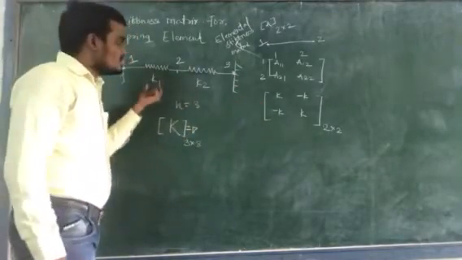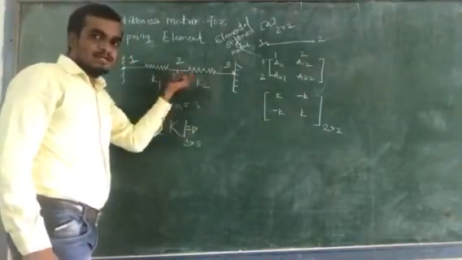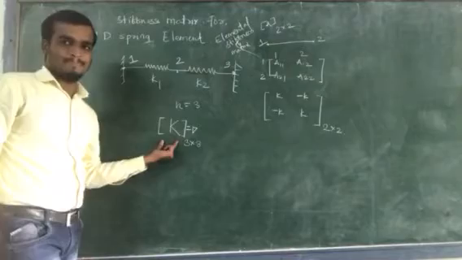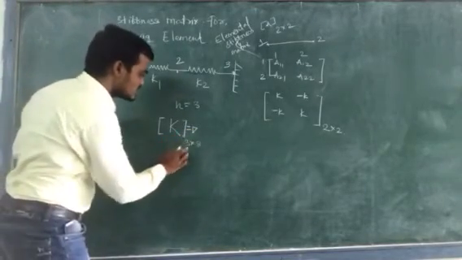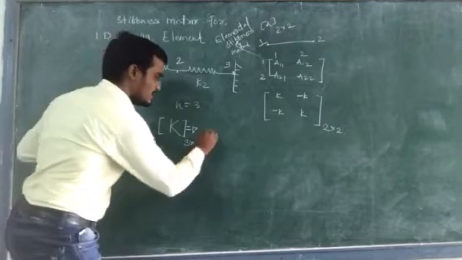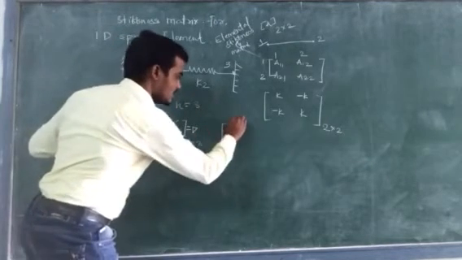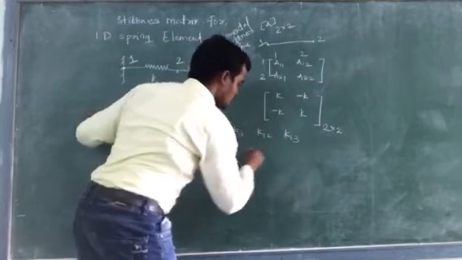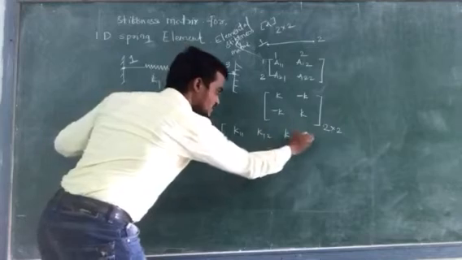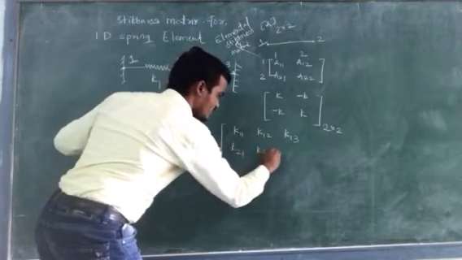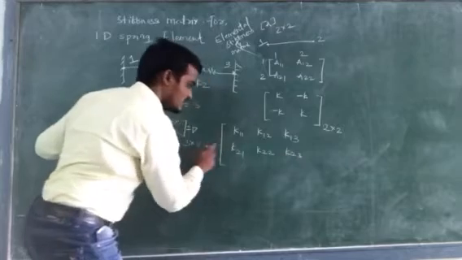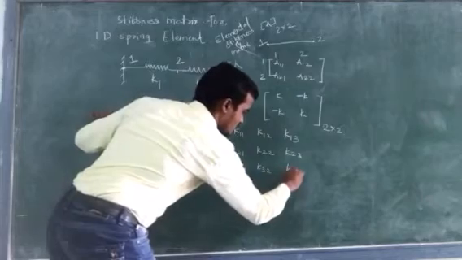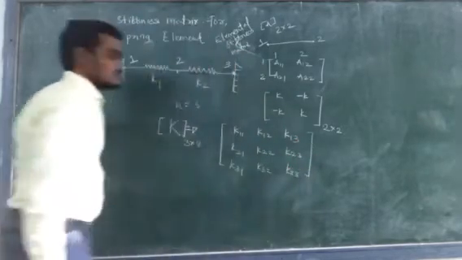By using these, we are going to construct our global stiffness matrix K. This K will be of order 3 by 3, and we can write it as K11, K12, K13 for the first equation, K21, K22, K23 for the second equation, and K31, K32, K33 for the third equation.